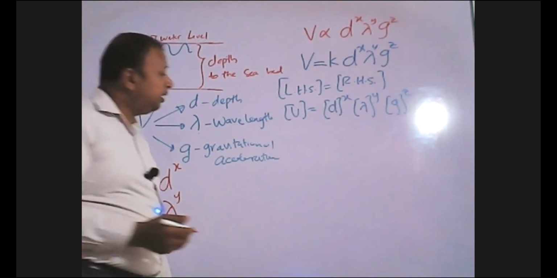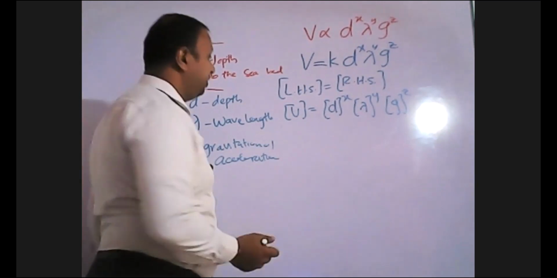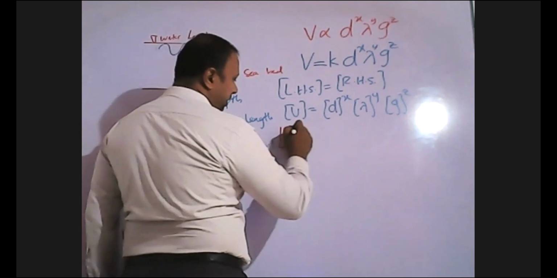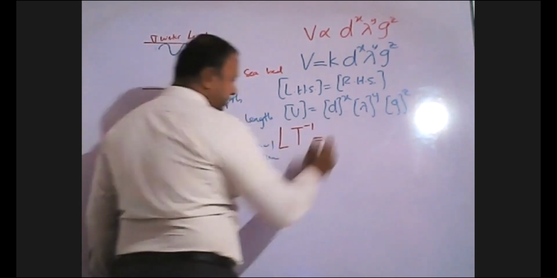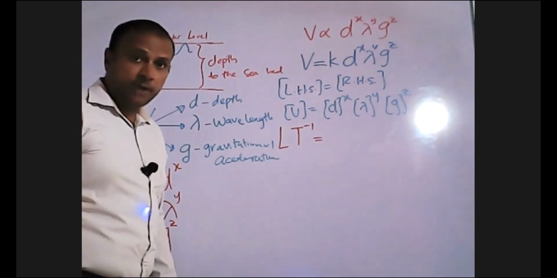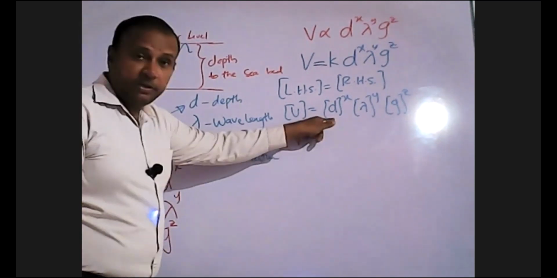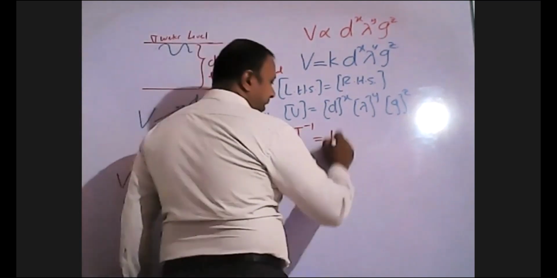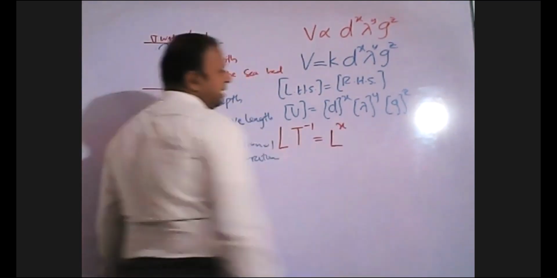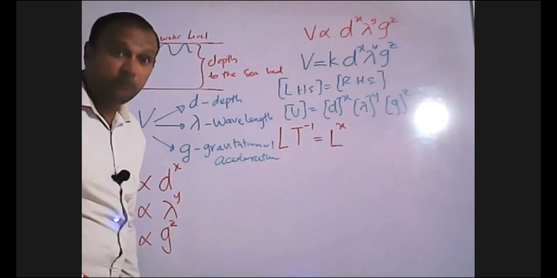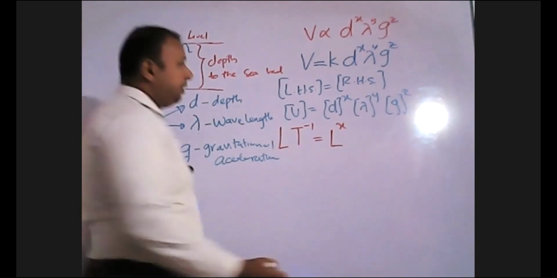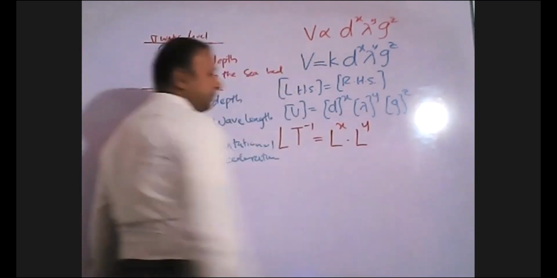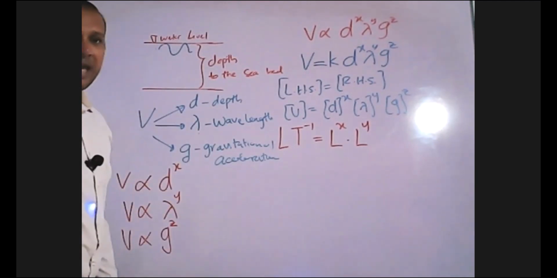Now I can substitute the dimension of each physical quantity. The dimension of velocity is LT^-1. Depth is a length, so L to the power x. Lambda is wavelength, which is also a length, so the dimension of lambda is L to the power y.